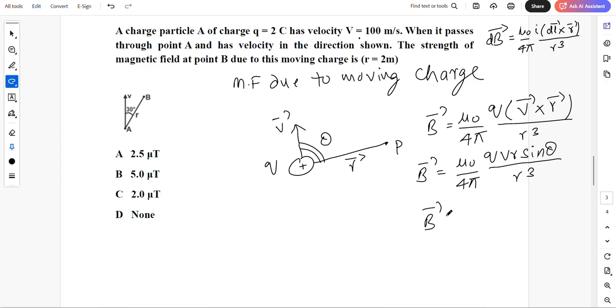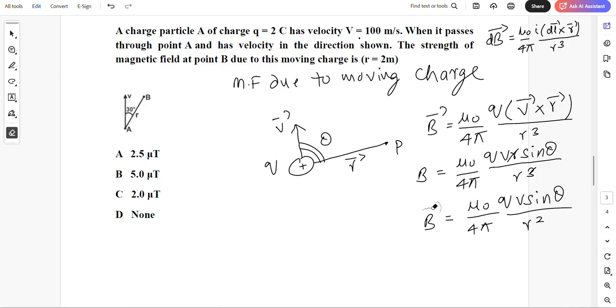That is, B is equal to mu naught by 4 pi, q v sin theta by r squared. Now you can write this. This vector I will remove. This is the magnitude, right?